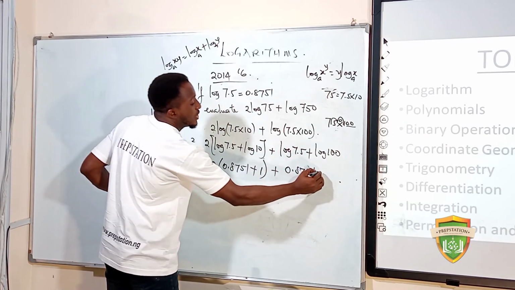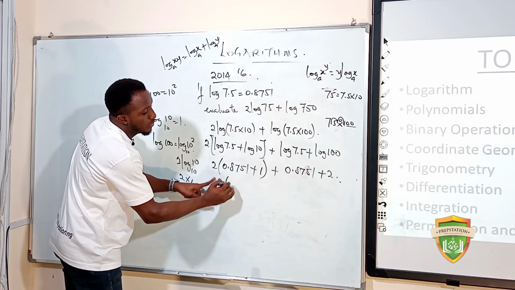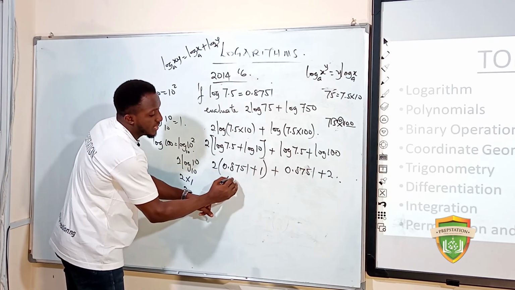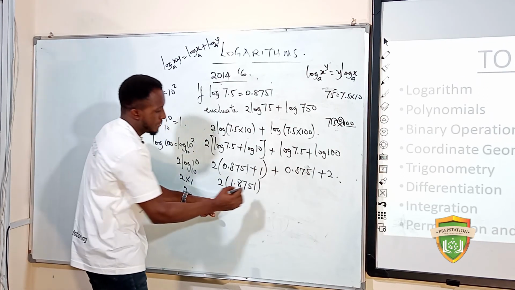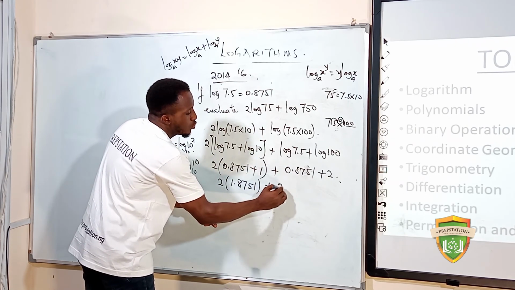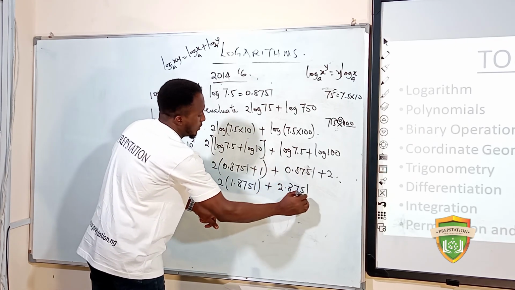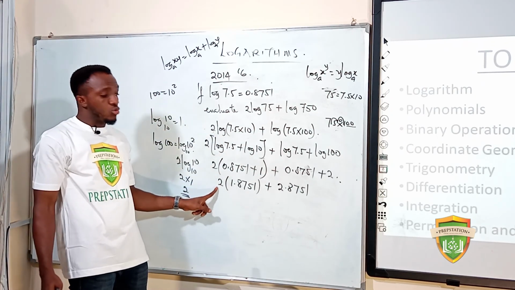And then log 100 is 2. So if you add this up, you have 2. 1 plus this is 1.8751. Plus this would give you 2.8751.